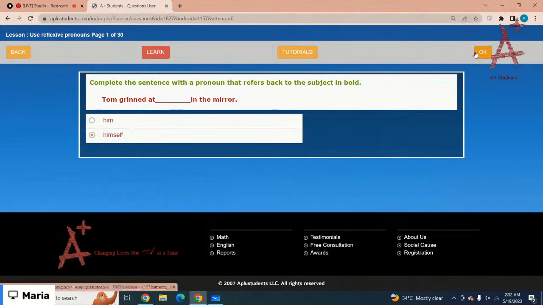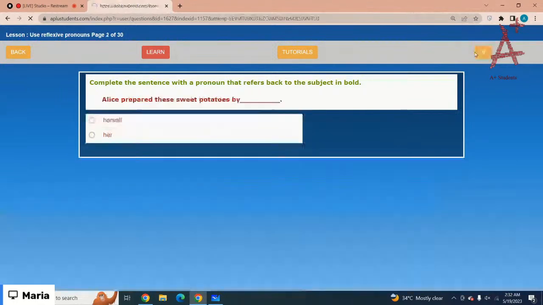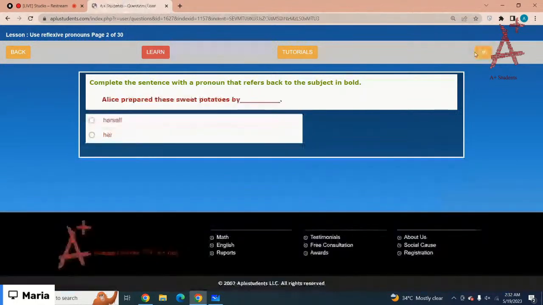Got it? Alice prepared these sweet potatoes by herself or her, which is the correct option? Herself is the correct option. Got it?